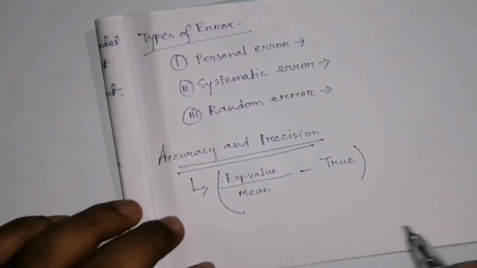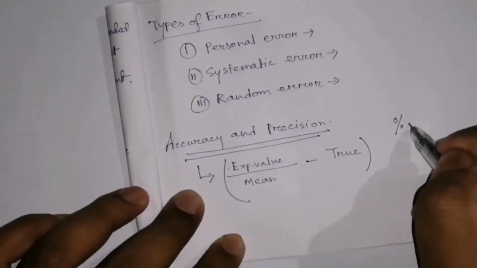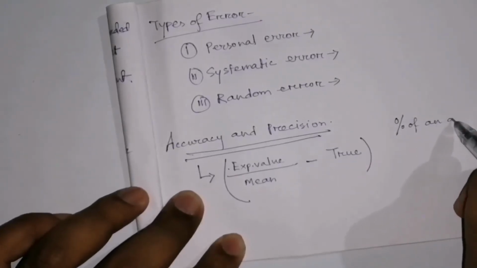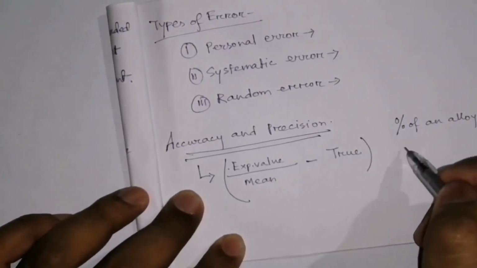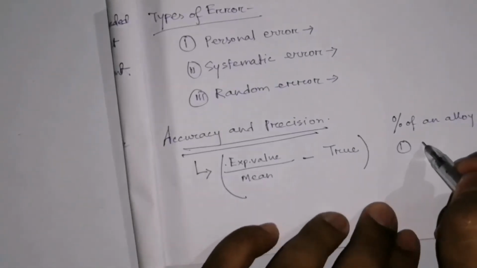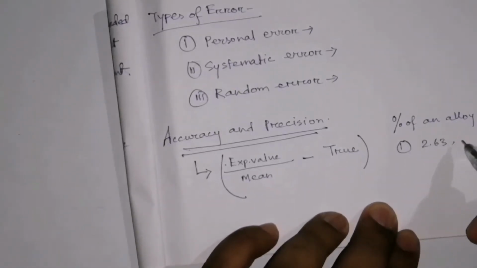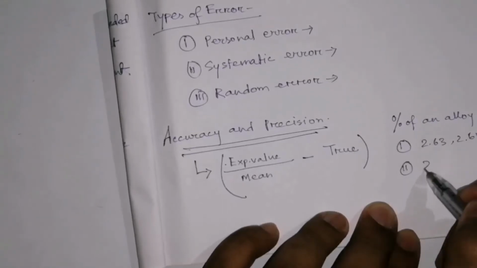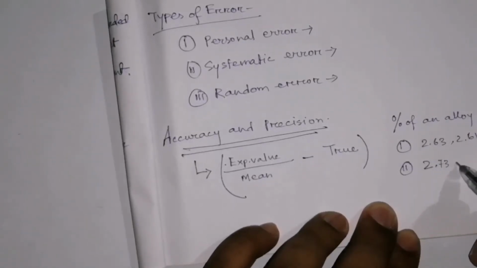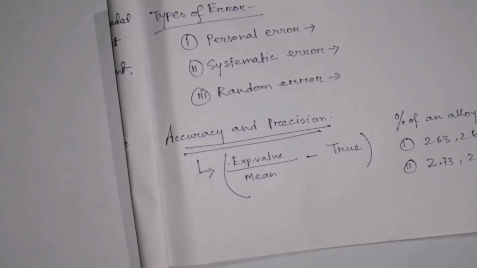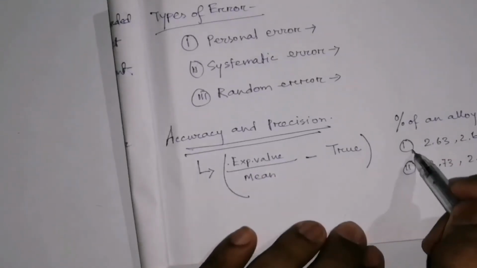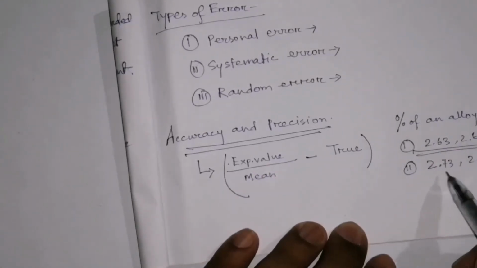For example, if the percentage of an alloy in the first set is found to be 2.63, 2.61 and 2.62, and that in the second set is found to be 2.73, 2.79, 2.83, we see that the precision of the first set of results is far better than the second.